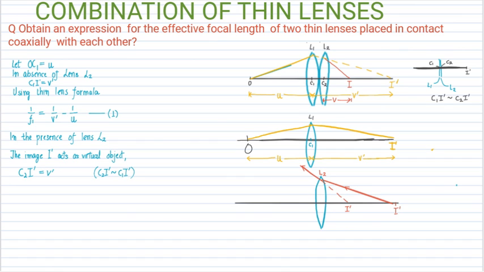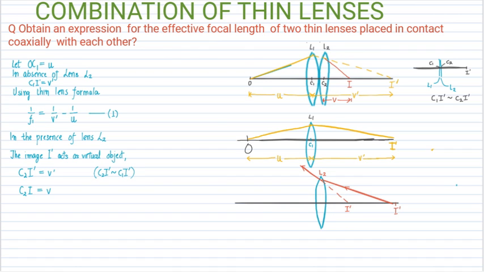So I can write down C2 I is the image distance, which is represented by small v. Now we have object distance, we have image distance, and we know the focal length of your second lens. It is f2.